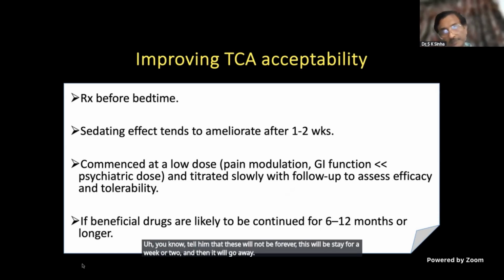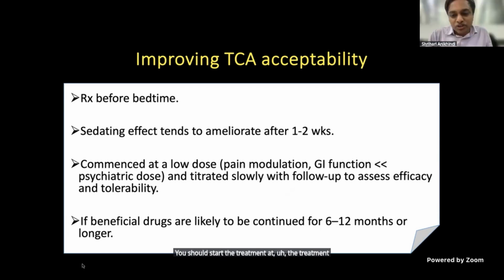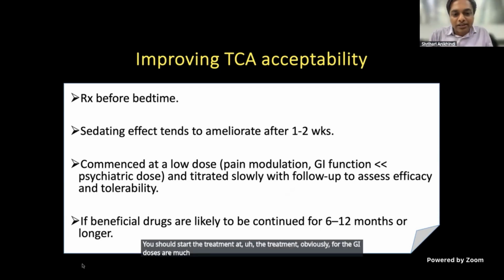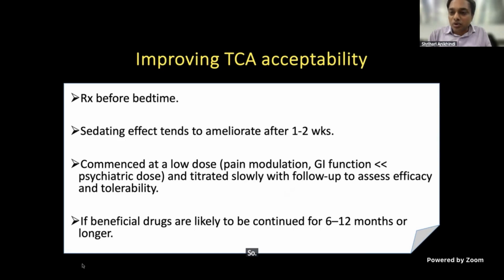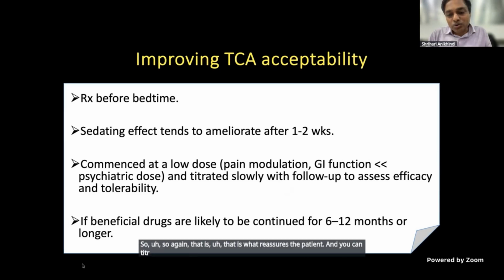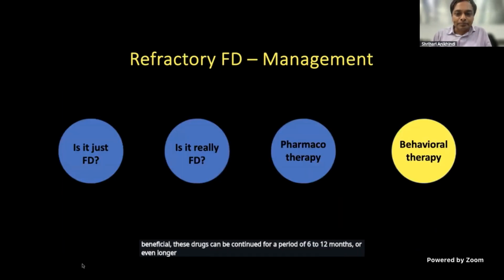You should start the treatment at doses that, for GI purposes, are obviously much lower than the antipsychotic doses. That is what reassures the patient, and you can titrate these doses gradually as efficacy is seen. If beneficial, these drugs can be continued for a period of 6 to 12 months or even longer if required.